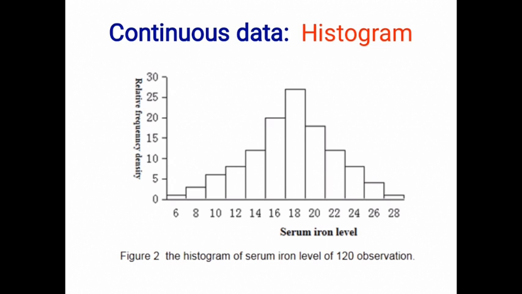The area of each rectangle is the relative frequency of each interval. The total area of all rectangles is the sum of the relative frequencies, that is 1 or 100%. Such a frequency graph is called a histogram.